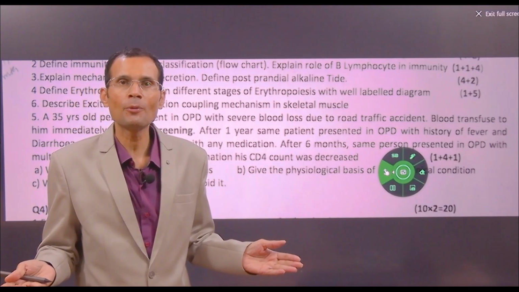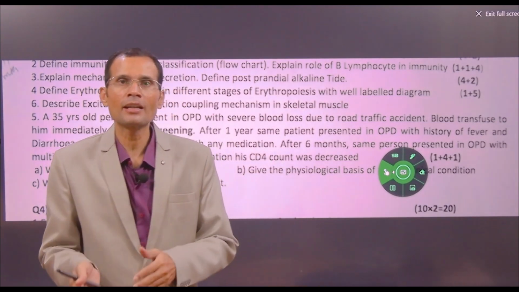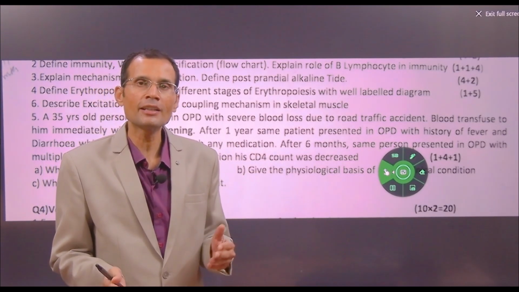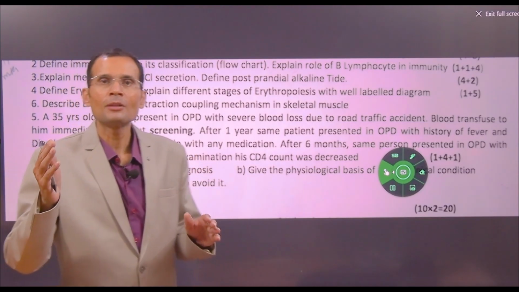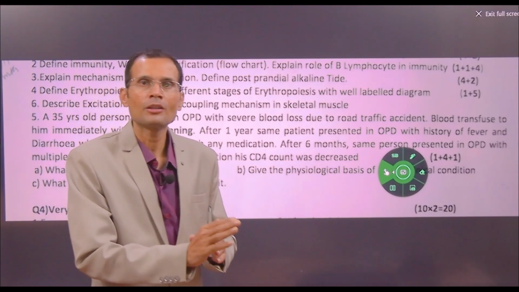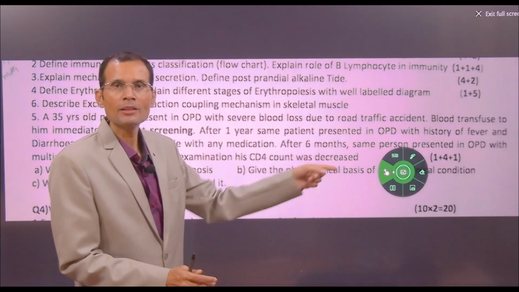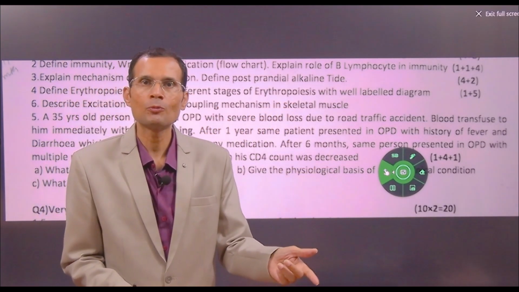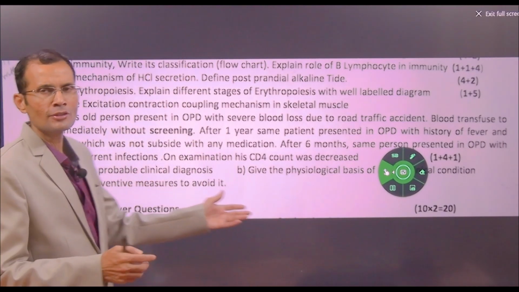This is a complete giveaway. CD4 count, T helper cells or T lymphocytes decreased. This is a clear-cut indication that the person might have caught HIV infection from that blood transfusion which was given 1 year before. So, what is the probable clinical diagnosis? Now it will be easy.